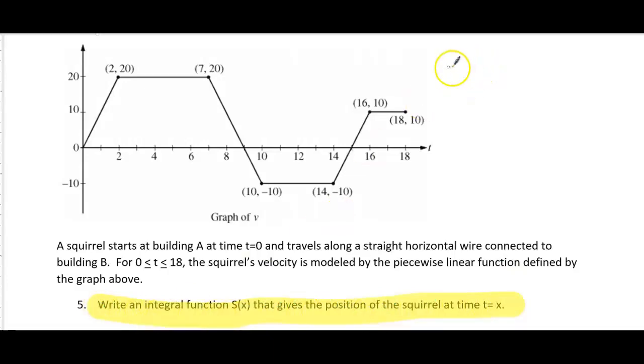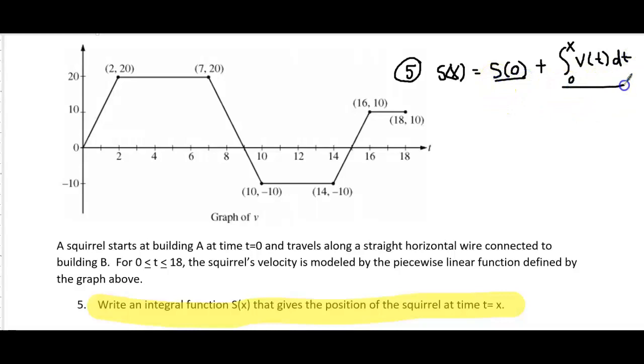So the squirrel's final position is given by taking the squirrel's starting position, which he starts at time 0, plus the integral from that starting time to some variable ending time. And we're integrating the velocity function, which gives us our displacement. So starting position plus displacement equals final position.